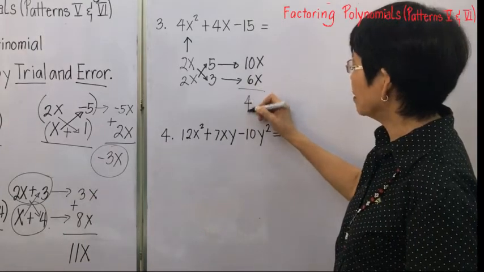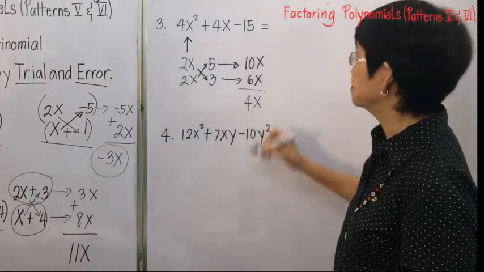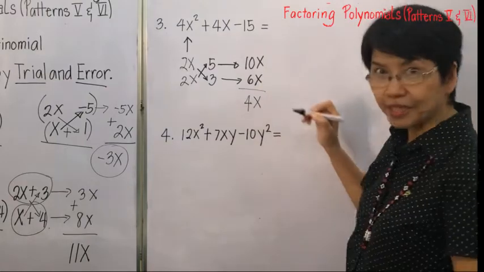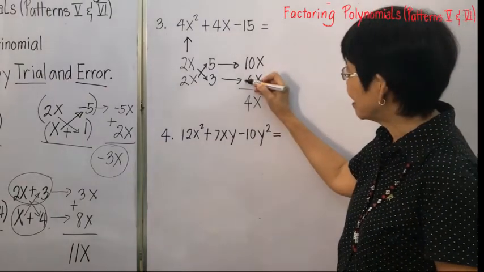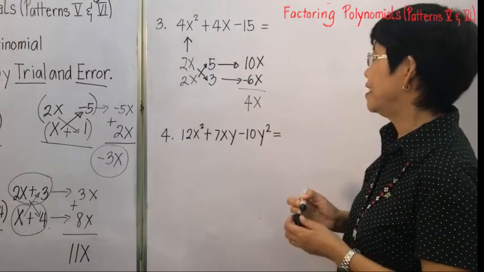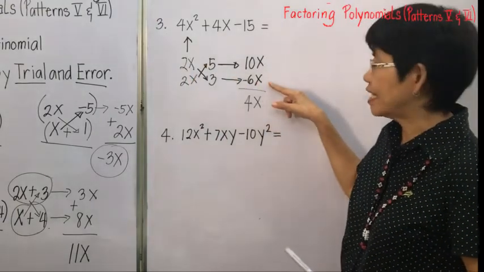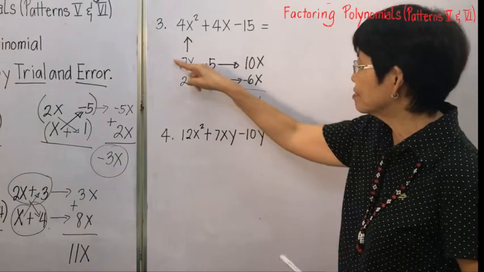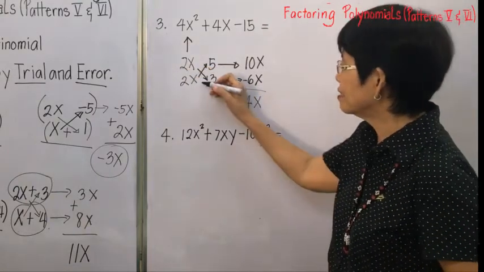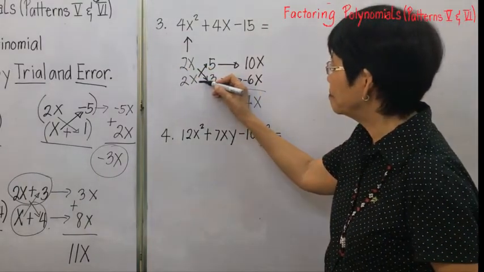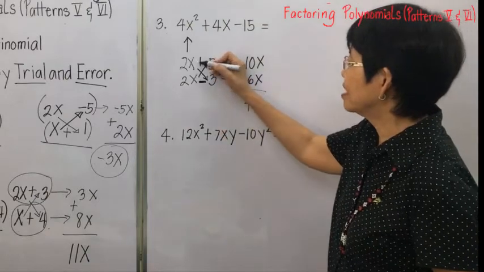And to get a positive 4x, one of these should be negative. The smaller one should be negative. So since the product negative 6x comes from the product of these two, then the negative sign should be here. And the positive sign should be here.